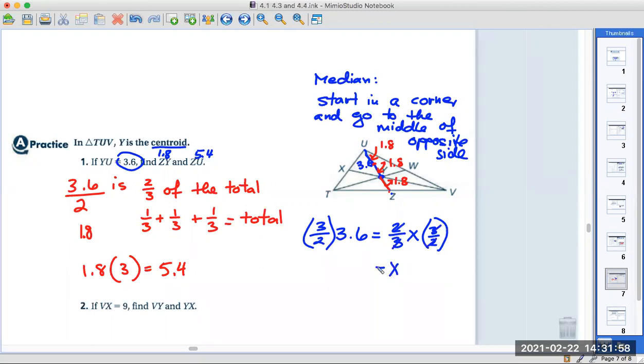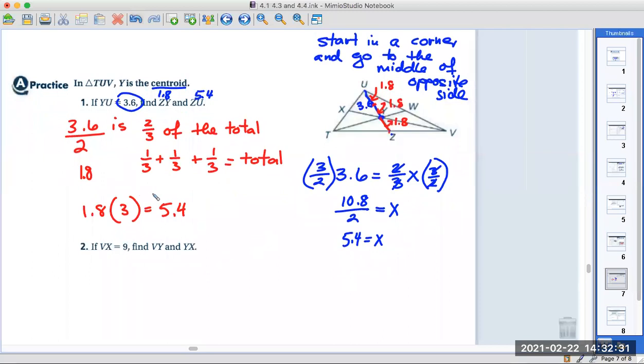I have X equals 3 times 3.6, which is 10.8, and then divided by 2 is 5.4, which is your total, 5.4. Well, there's another way to write it.